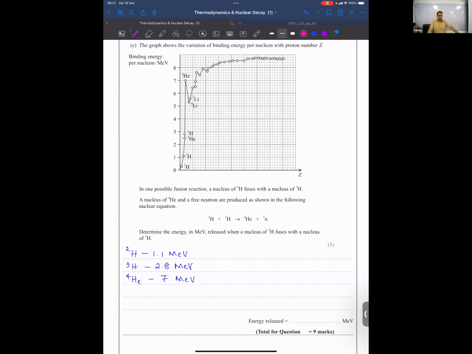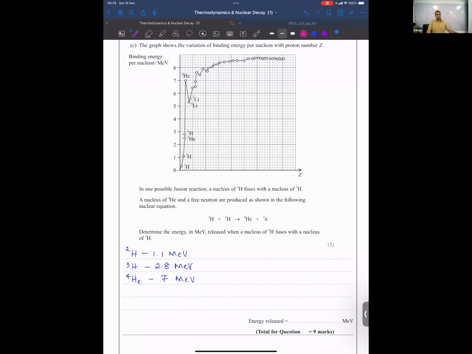So here what happens is, the hydrogen 2 disintegrates. The 2 nucleons get separated. And then same with hydrogen 3, it disintegrates. The 3 nucleons get separated. Now how many nucleons do you have? 5 nucleons.